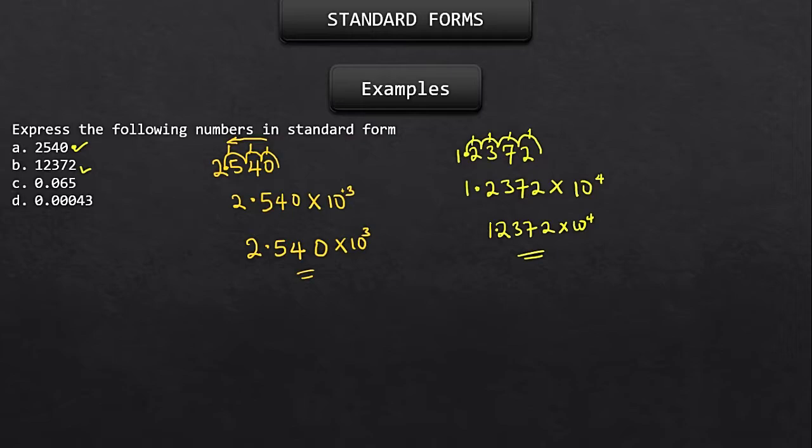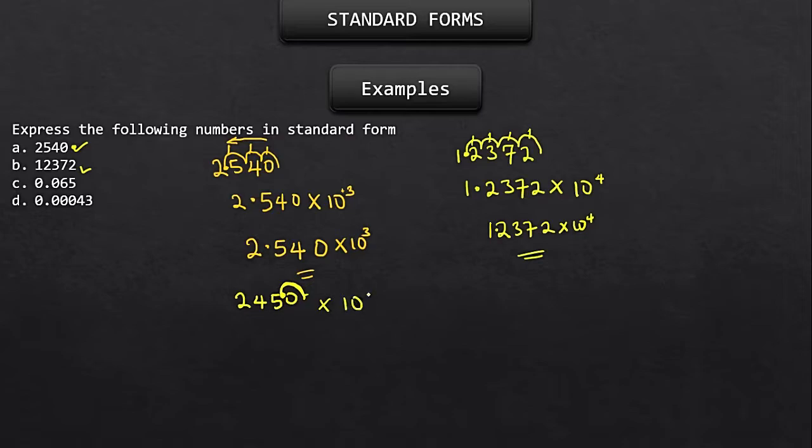It doesn't matter where you stop. It's not compulsory for you to stop at the last number. You can stop here. So supposing we have 2540, if you stopped here, it's still okay. But for standard form and for exam purposes, we need to stop at the last number. If you stopped here, then you know that you are not going to write this 3. You are going to write the number of times you jumped, only once.